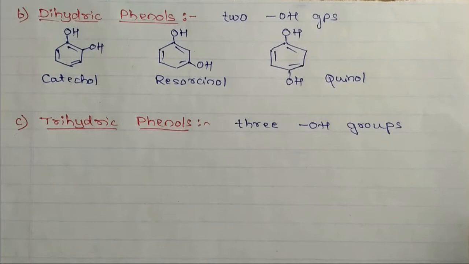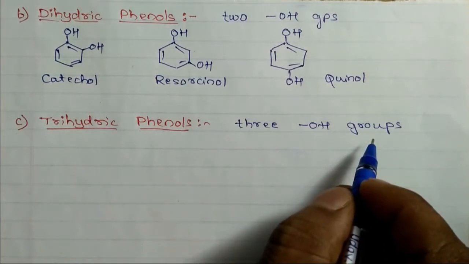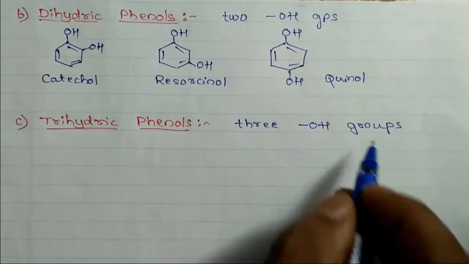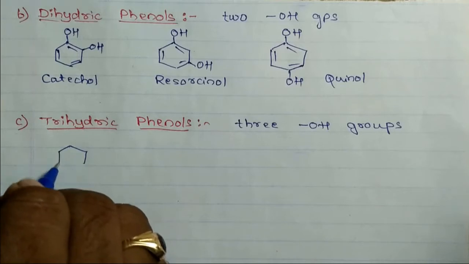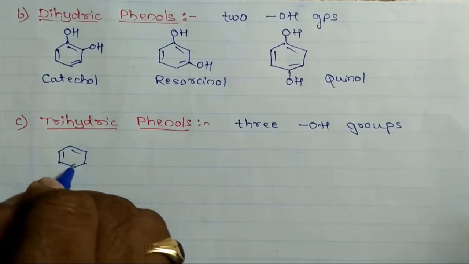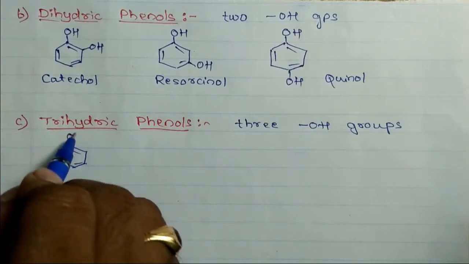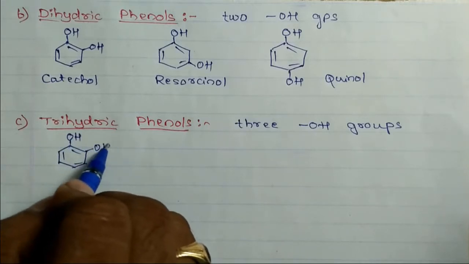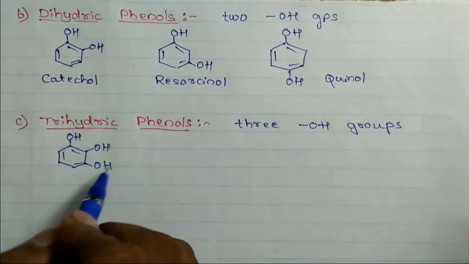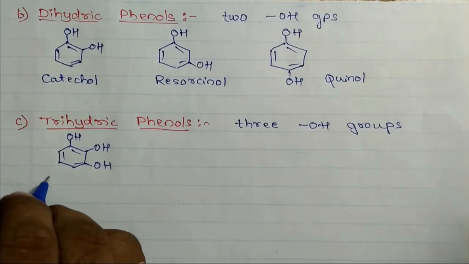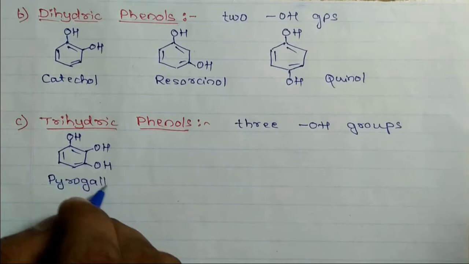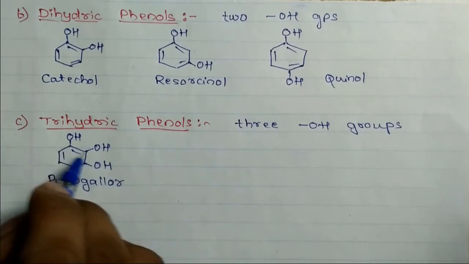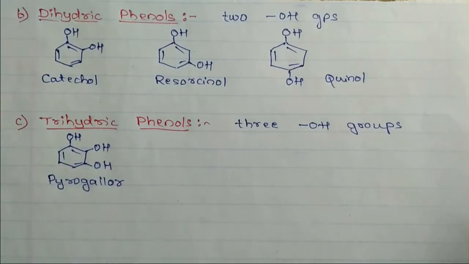Next, trihydric phenols, which contain three OH groups per molecule directly attached to the benzene ring. Example: OH, OH, OH, benzene 1,2,3-triol. The common name is pyrogallol.